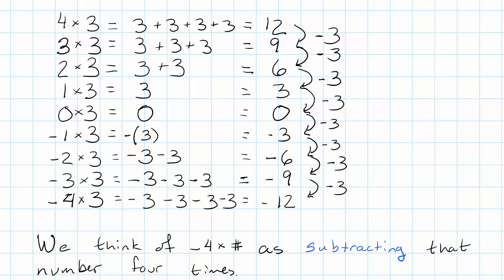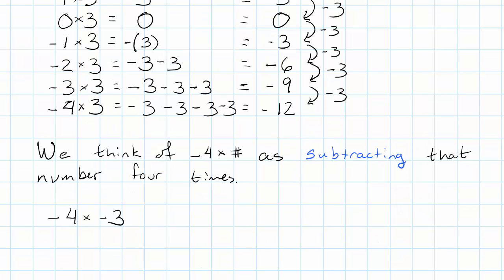Why do I mention that? Right? Why go into all this detail? Well, this is going to give us an insight into the surprising thing that happens when we take a negative times a negative. Right? Negative 4 times negative 3, we think of that as repeatedly subtracting negative 3.